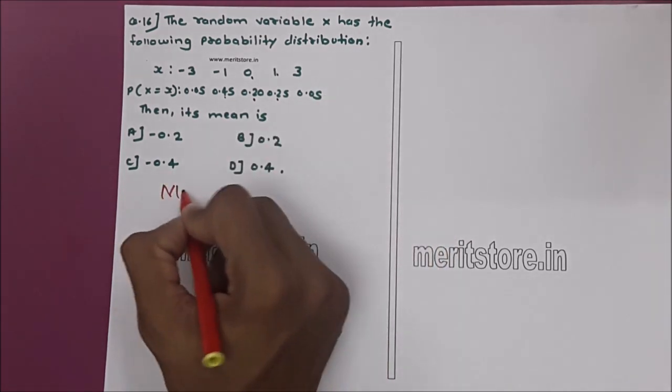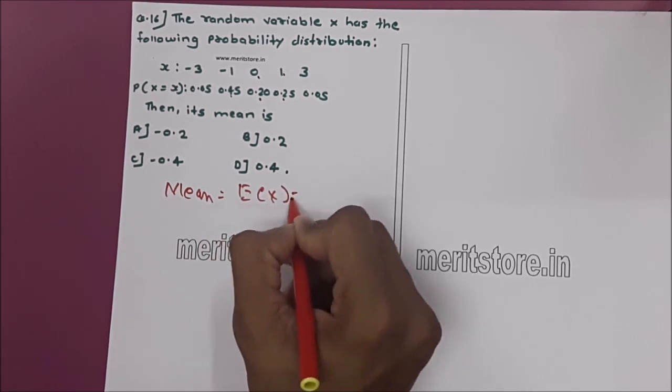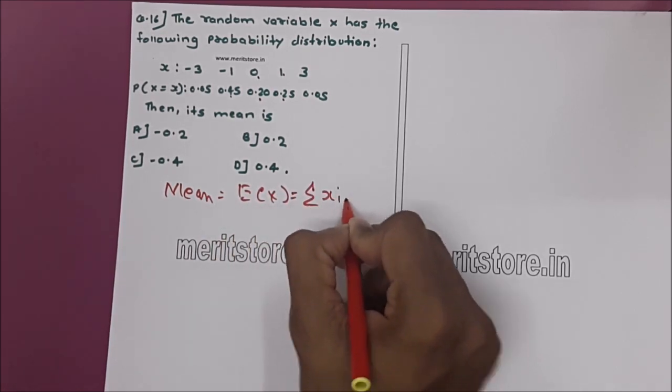For the mean, that is equal to the expected value E(x), the summation of xi into p of xi.